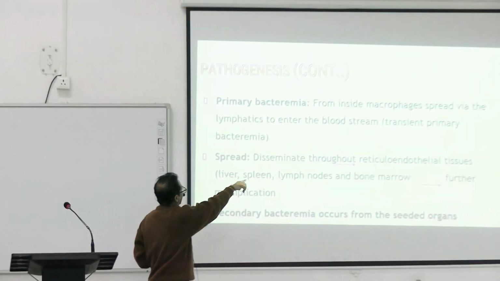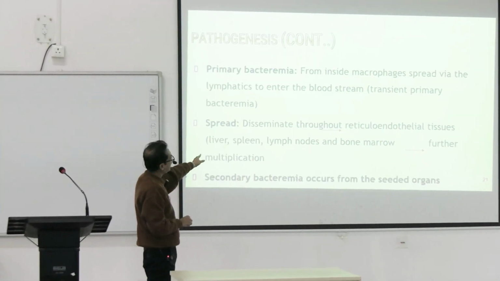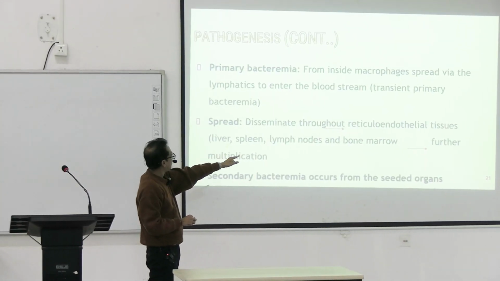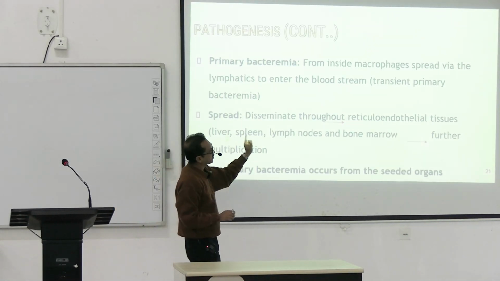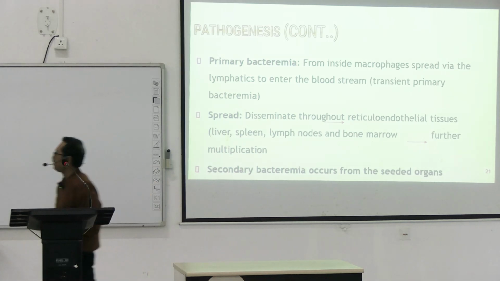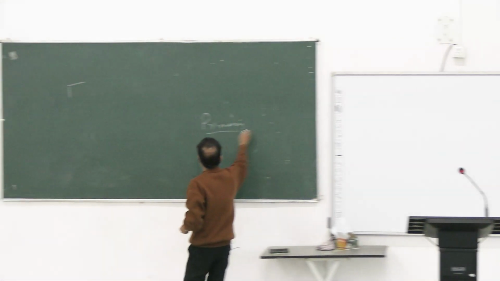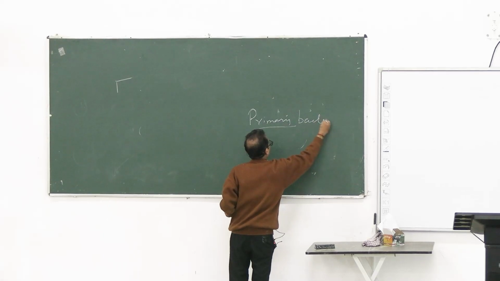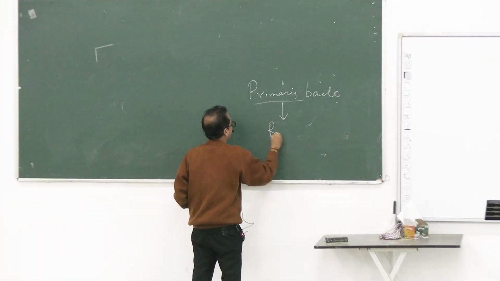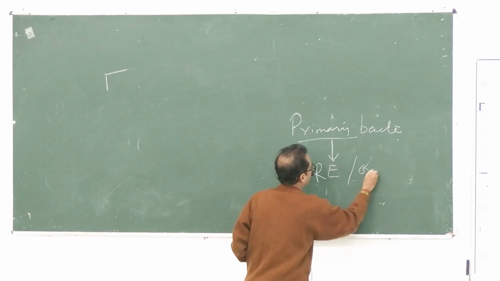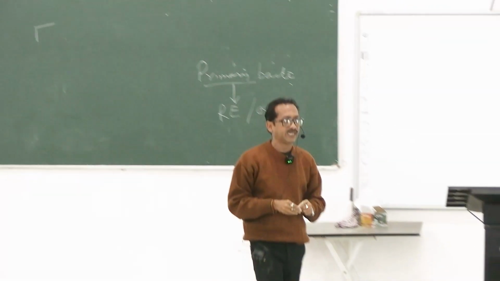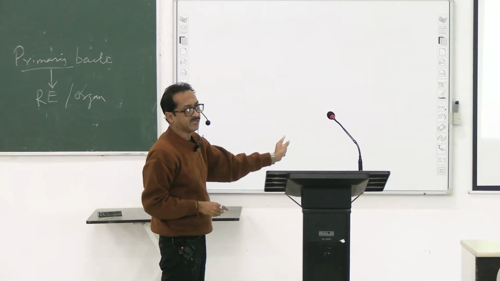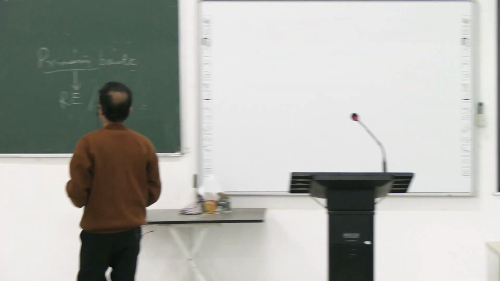So that is primary bacteremia, a transient bacteremia. Through the reticuloendothelial cells, they go to the liver, spleen, lymph nodes, bone marrow, and further multiplication occurs in the reticuloendothelial tissue. After multiplication in the reticuloendothelial cells, secondary bacteremia occurs.